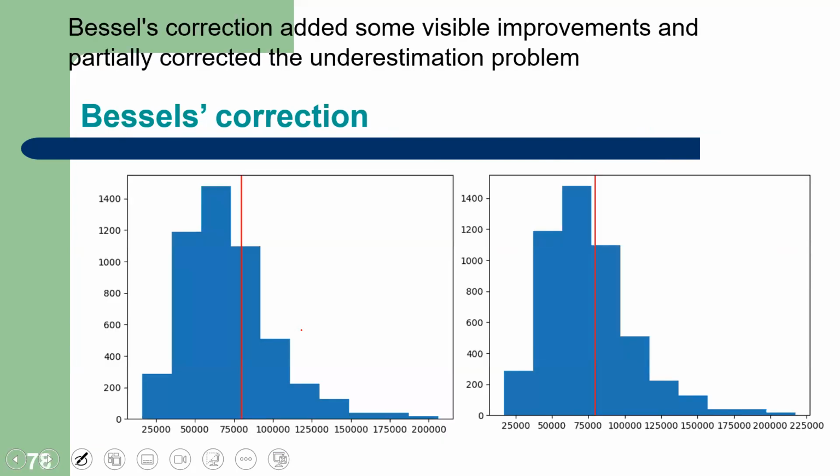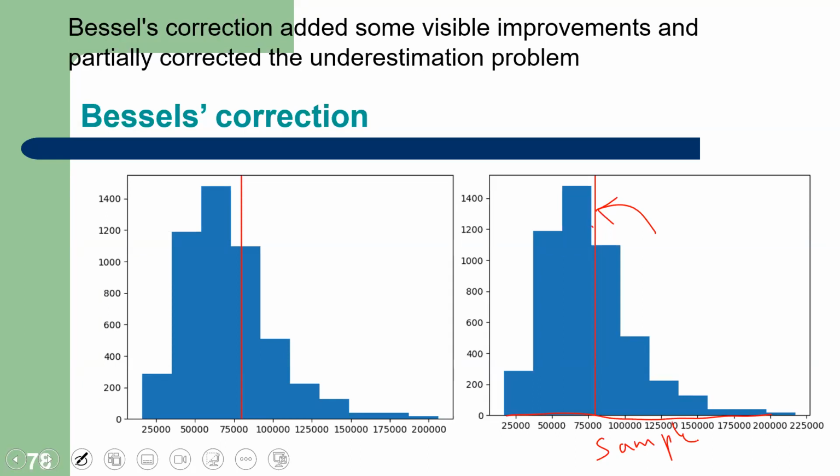Now you can see the Bessel correction. Earlier, this was my graph, so there was so much gap. I have reduced the gap. The red one indicates my population standard deviation, and this is for all the various samples which I've considered, where I calculated the standard deviation and plotted the histogram.